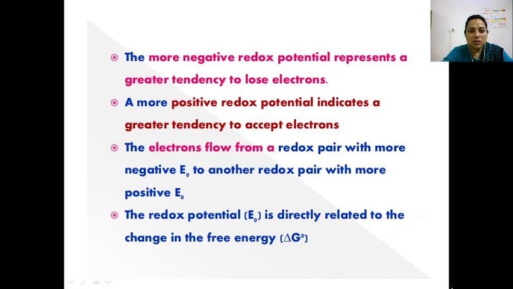A more positive redox potential indicates a greater tendency to accept electrons. The electrons flow from a redox pair with a more negative redox potential to another redox pair with a more positive redox potential. The redox potential is directly related to the change in free energy, that is delta G.